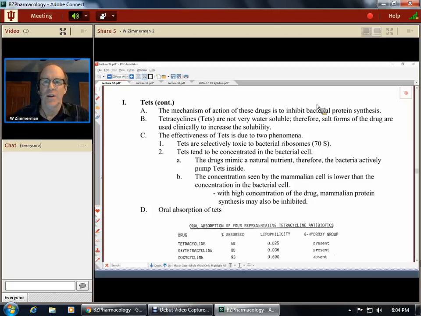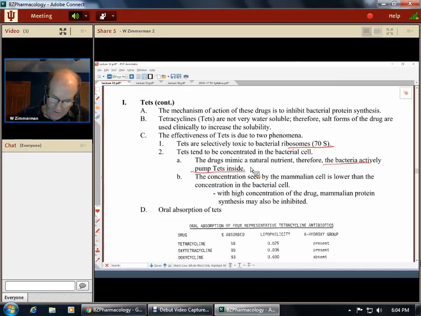But why are they effective? Well, for one thing, the TETs are selective to the bacterial ribosome, which has slightly different binding properties, but also because the TETs are brought into the bacterial cell. They mimic a natural nutrient. Therefore, the bacteria actively pump the TETs inside.